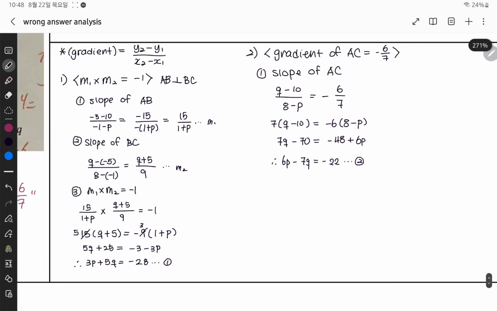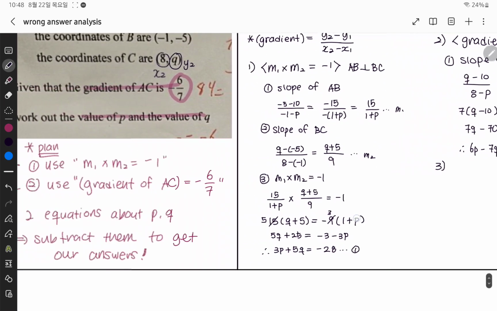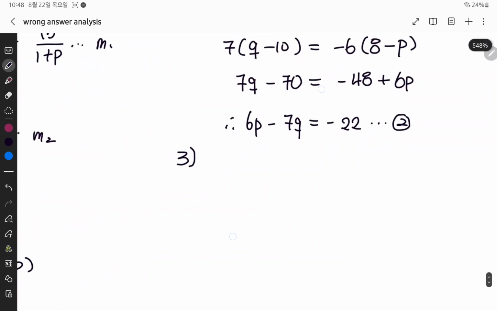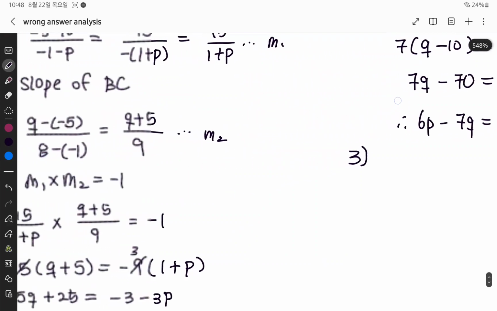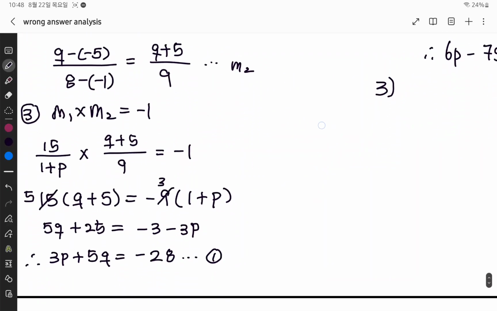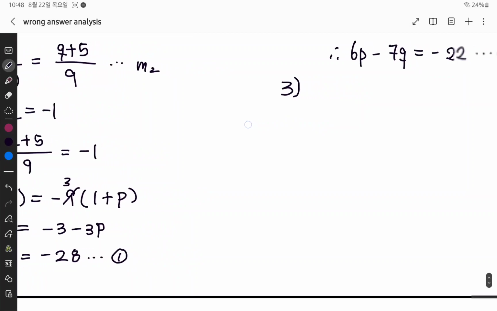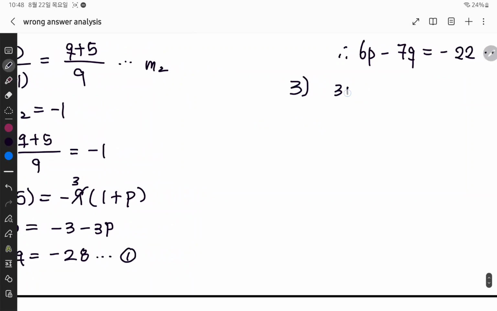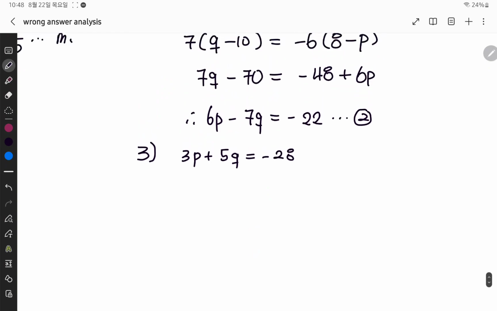So now, in the third step, I am going to subtract these two equations about P and Q. My first equation was 3P plus 5Q equals minus 28, and my second was 6P minus 7Q equals minus 22.